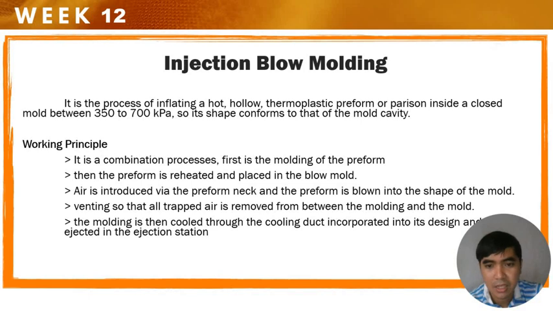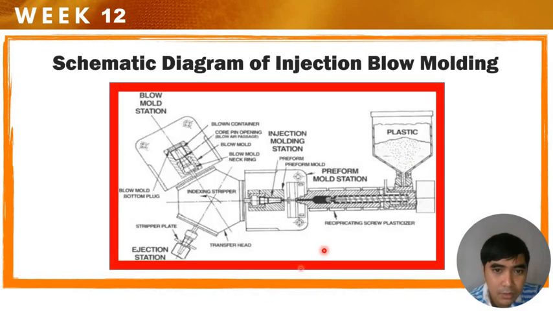So let's see the schematic diagram. These are the plastic raw materials, and they will be heated here in the chamber and injected here in the mold. Once the plastic material is molded here in the die, it will go to the injection molding station.